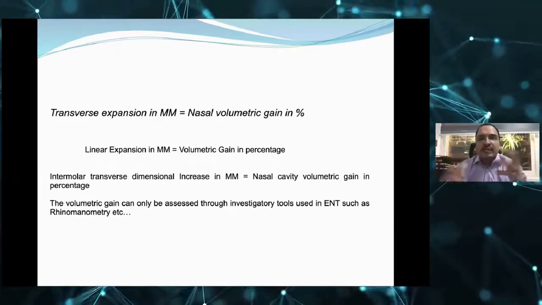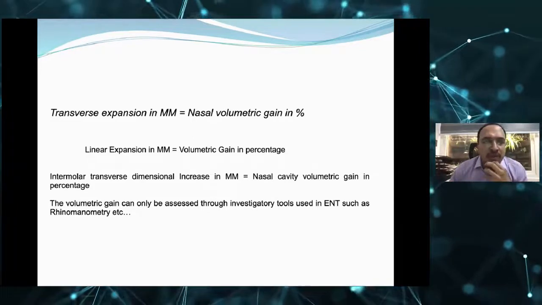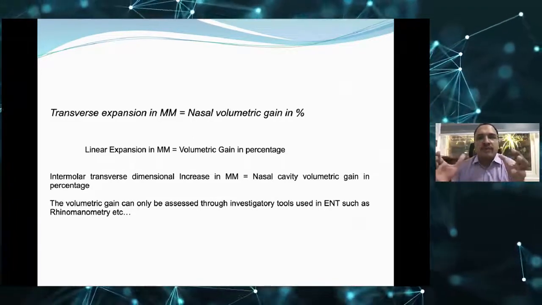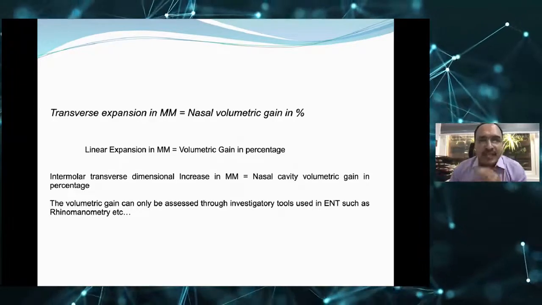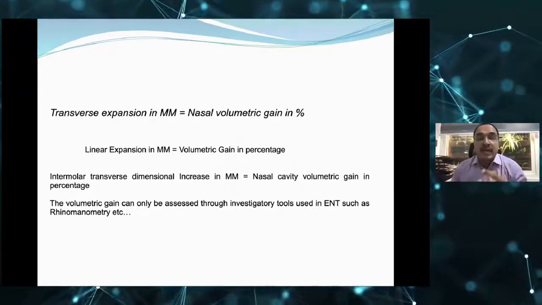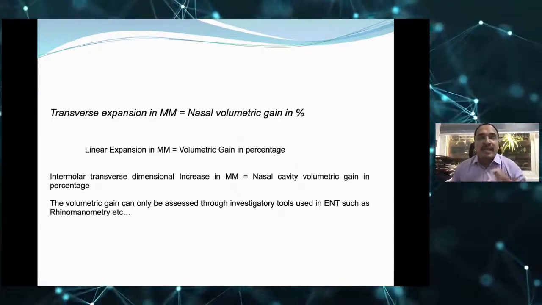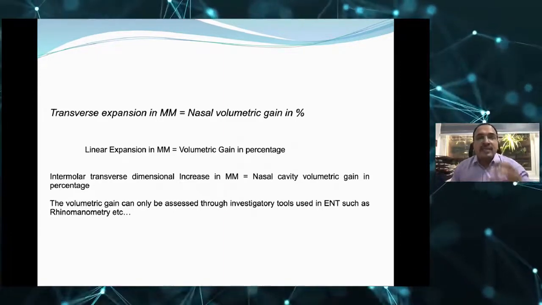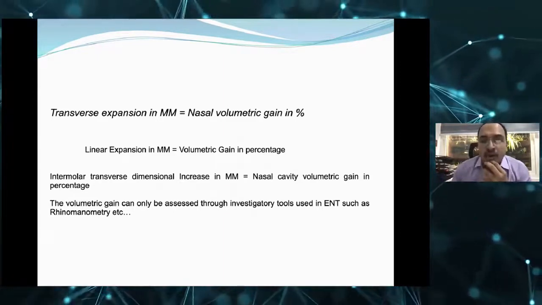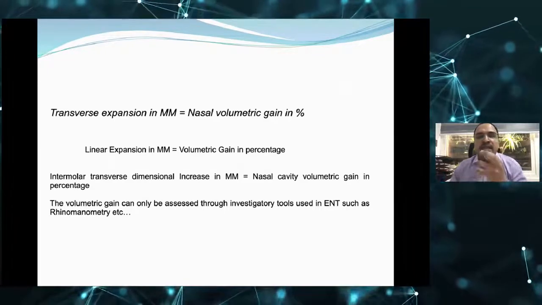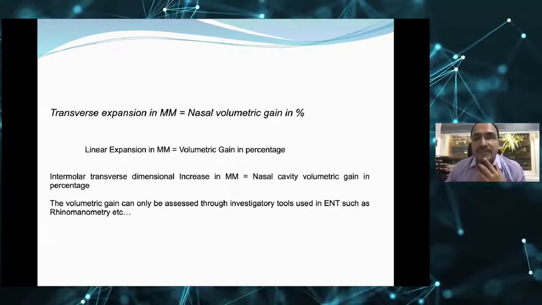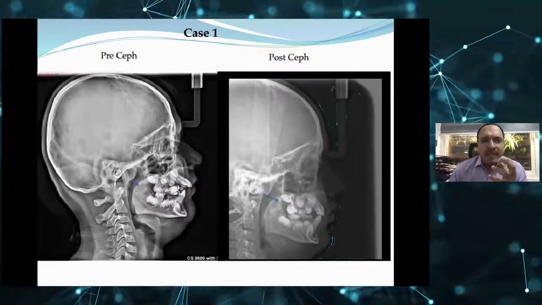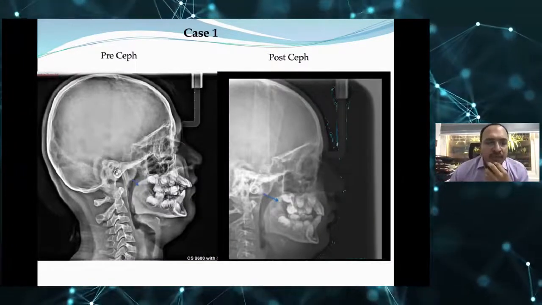The formula is length into breadth into height, so we are looking at 4 into 4 into 4. That is about a 64% increase in the volume of air the child is taking in over the existing volume. That is what we achieve with just about 4 mm of expansion. The airway space, you see, this is a case I'm showing you.